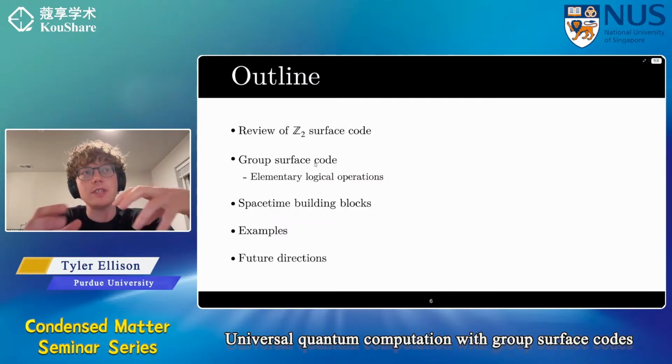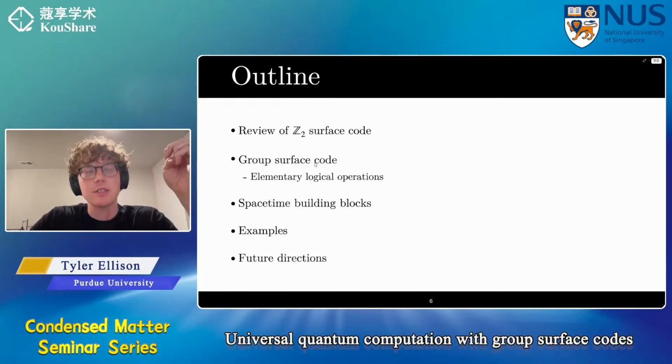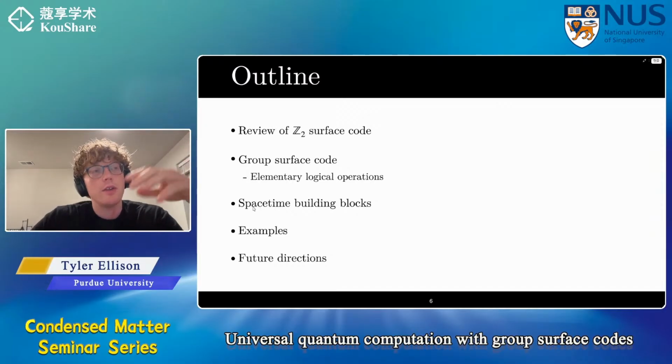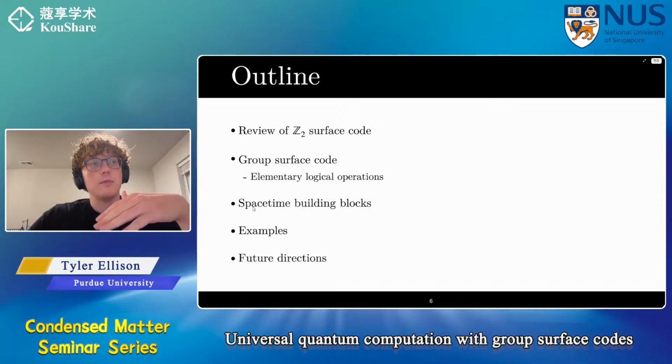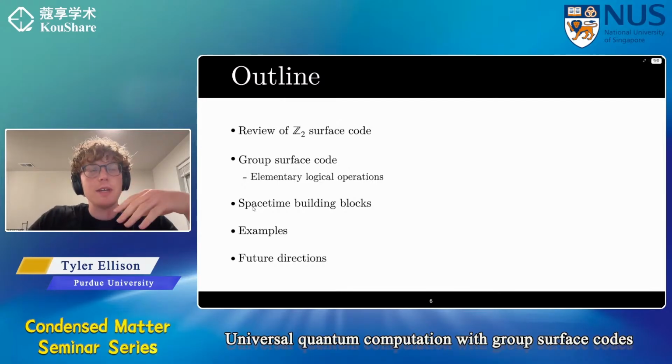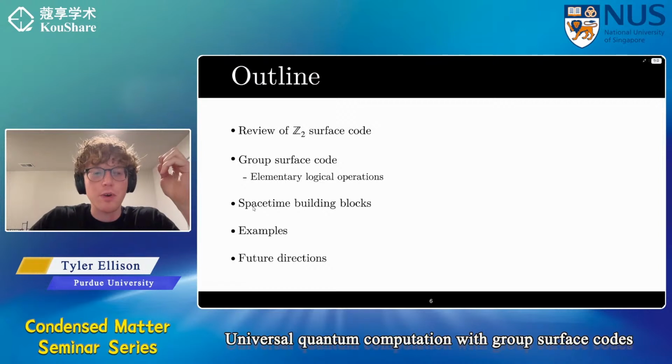We'll compose these elementary logical operations to perform interesting logical operations in the group surface codes. I'll then show that we can bring this story from a spatial picture to a space-time picture. This will give us space-time building blocks, which we can glue together to perform our non-trivial operations. I'll give a few examples and conclude with some future directions.